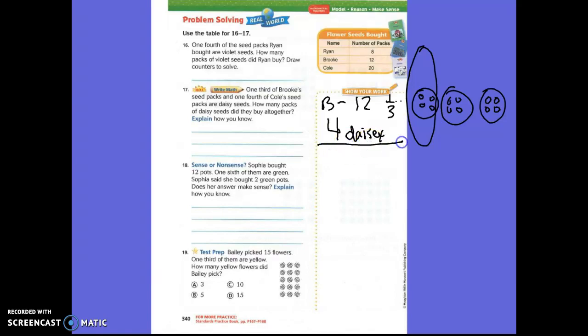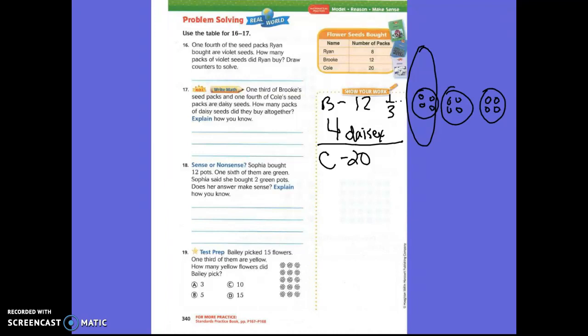Now, I'm going to do Cole's. How many packs does Cole have, guys? Or how many packs did he have? Callie? How many seed packs does Cole have? He has 20. What fraction of Cole's seed packs are daisies?